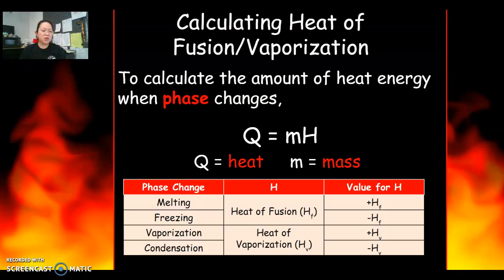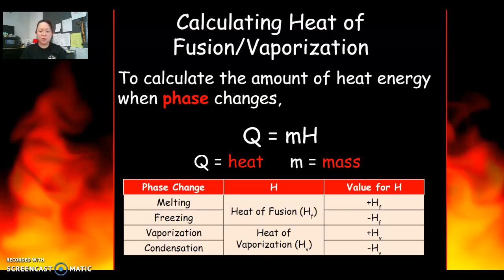And so we're not going to be using the Q equals MCAT formula from yesterday because there is no change in temperature. So this time we have to use a different formula. We still have Q representing the total amount of heat.